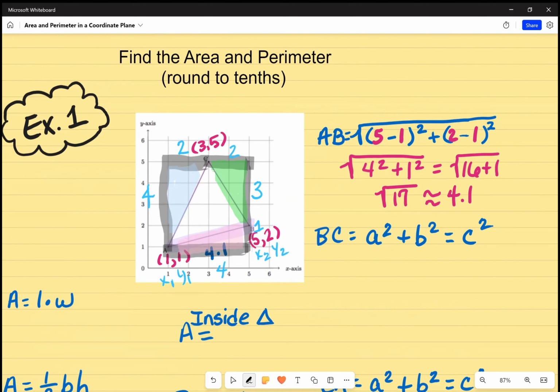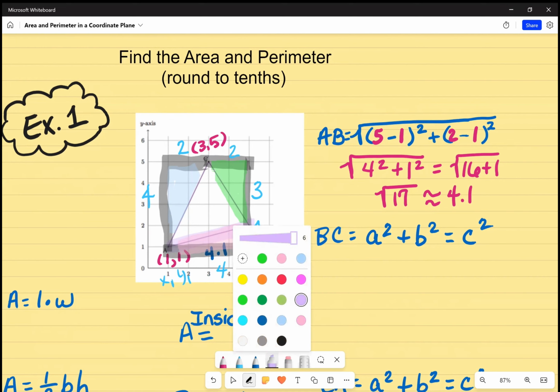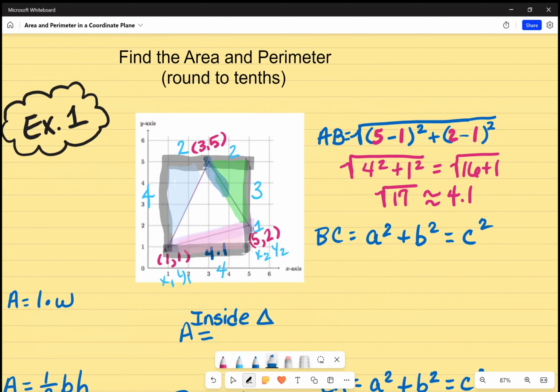Substituting in for a squared, I'm just going to select one of the triangles for BC. That's the first one that I'm going to start with. So the hypotenuse for BC can be found by using Pythagorean Theorem because that's a right triangle.